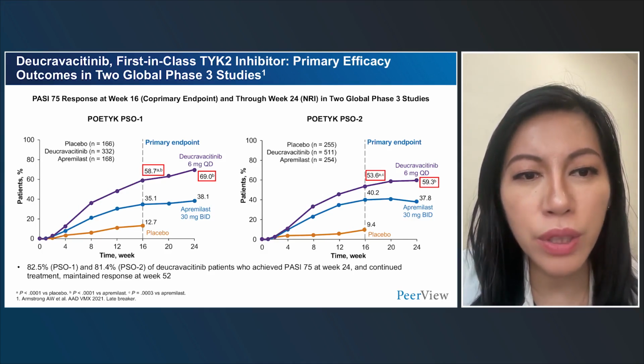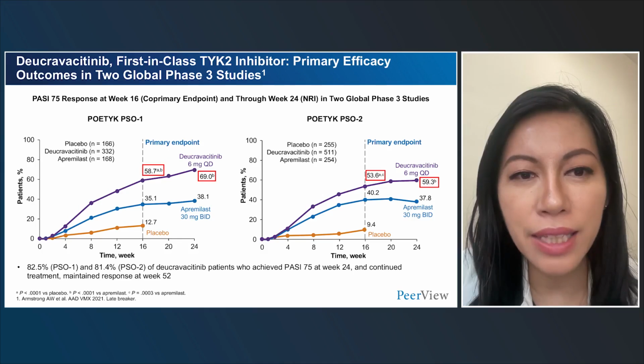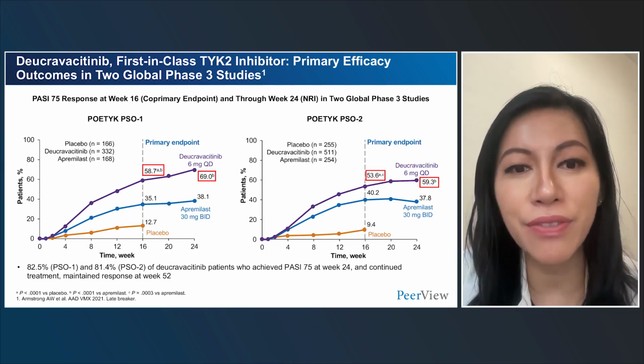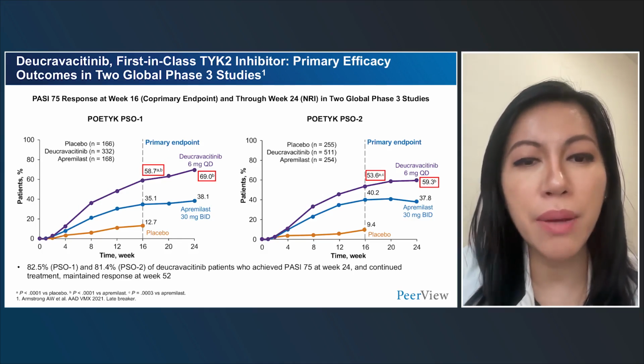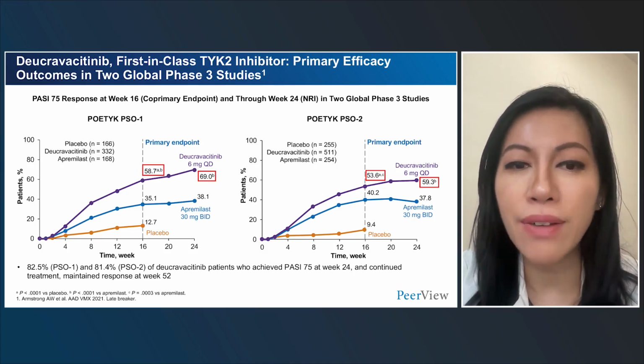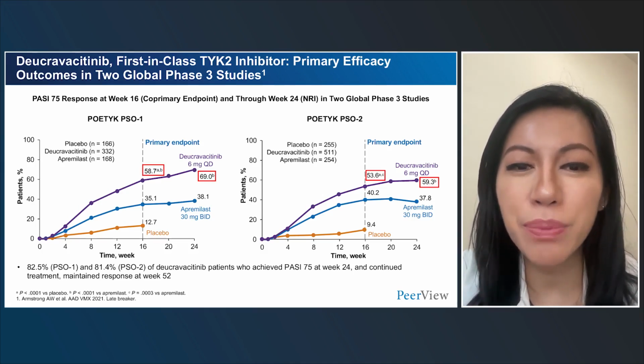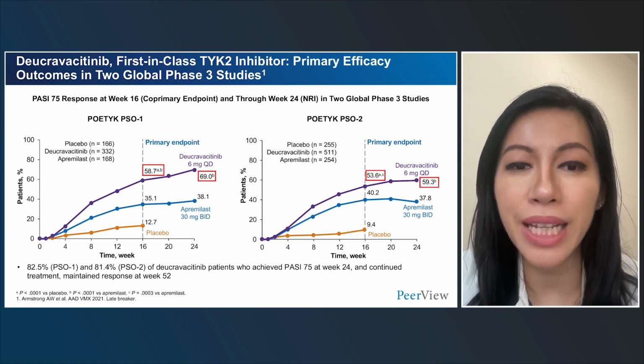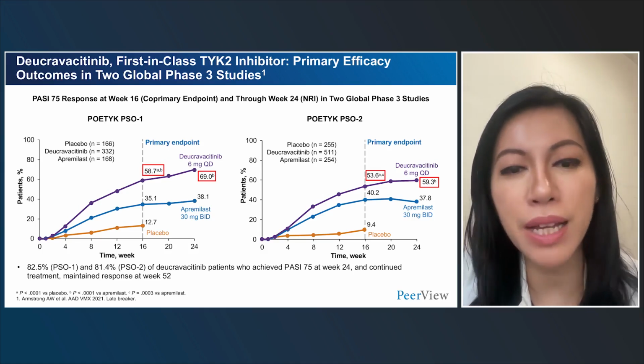And so what we're looking at here is the primary endpoint, PASI 75. So what you notice is that by week 24, nearly 70% of the patients on deucravacitinib will achieve PASI 75 compared to about 38% of patients in the apremilast group.